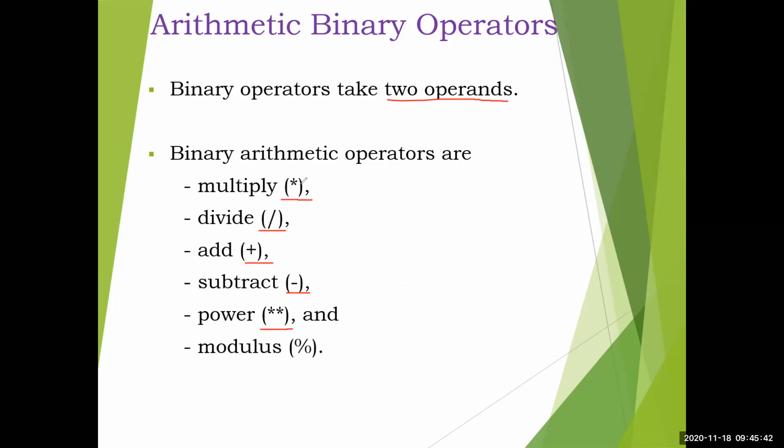A single star means multiplying, a double star means power. Then modulus: when you divide two numbers, the quotient is the result of the divide operation, and modulus stores the remainder. That is about the binary arithmetic operators. With examples we'll try to understand how to use them.